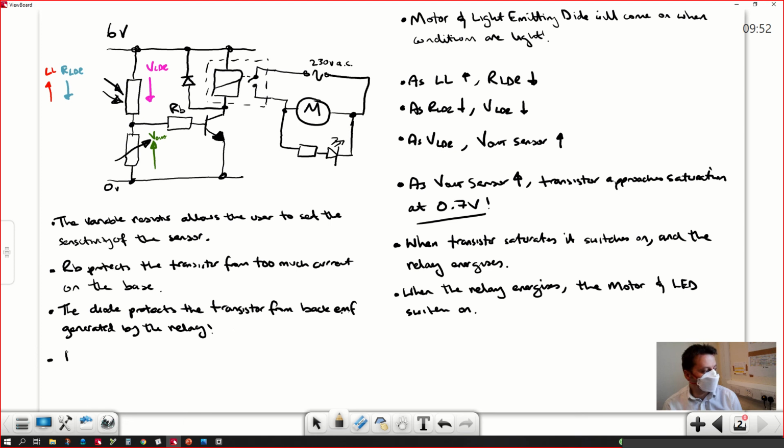And why are we using a relay? The relay allows a low power circuit to control a high power circuit.